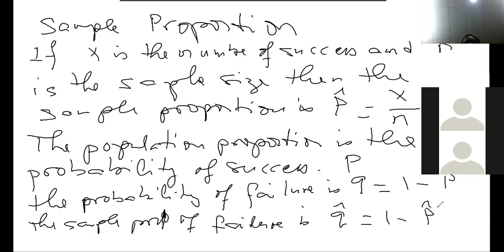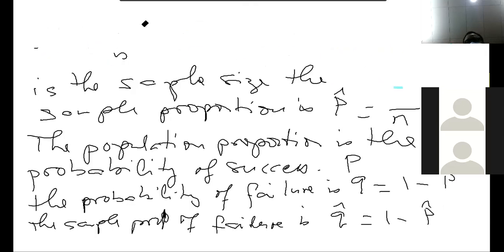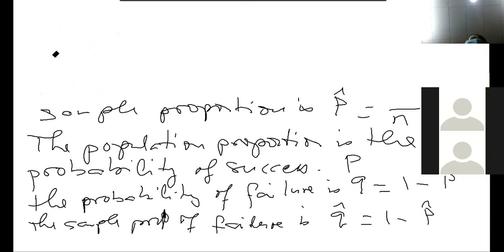The next thing we want to figure out is the sampling distribution of the sample proportion. What is its mean? Because we are going to be estimating the population proportion using the sample proportion. E of p hat is equal to P. I think we explained that in 6.4.